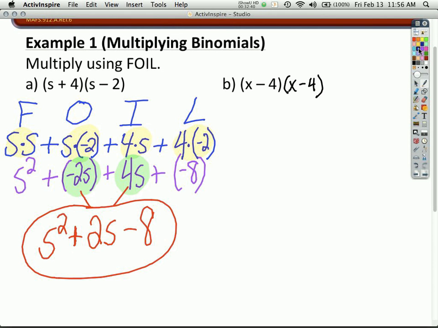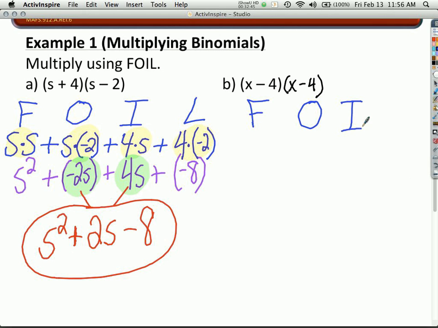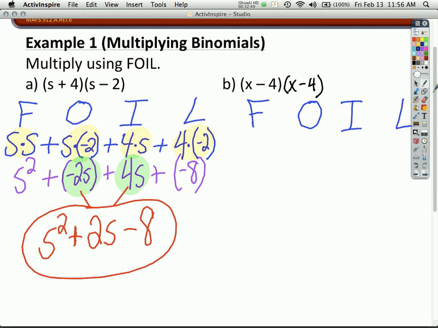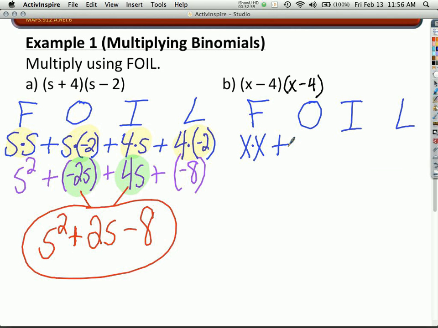And so now we're going to use the training wheels. F, O, I, L. What are the first terms in this case? First term, Deja. X times X. Said that perfectly. Plus, what are the outer terms in this case?